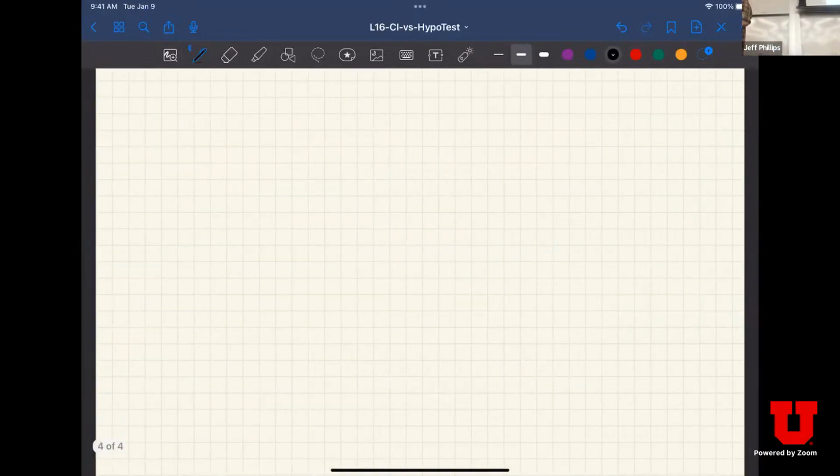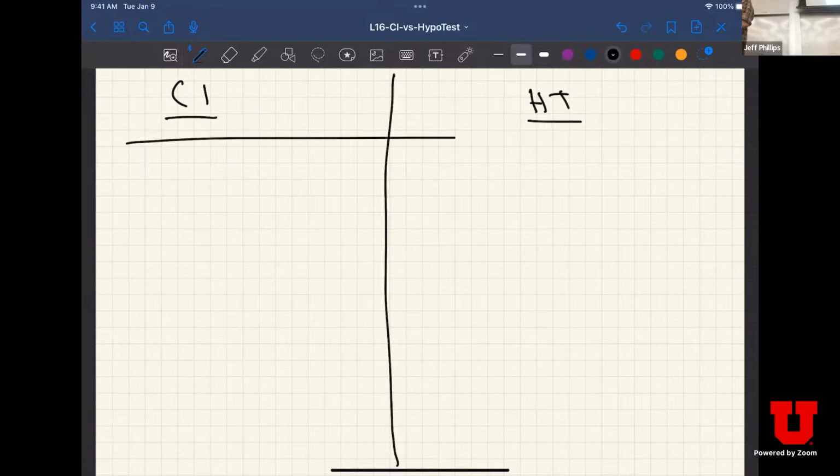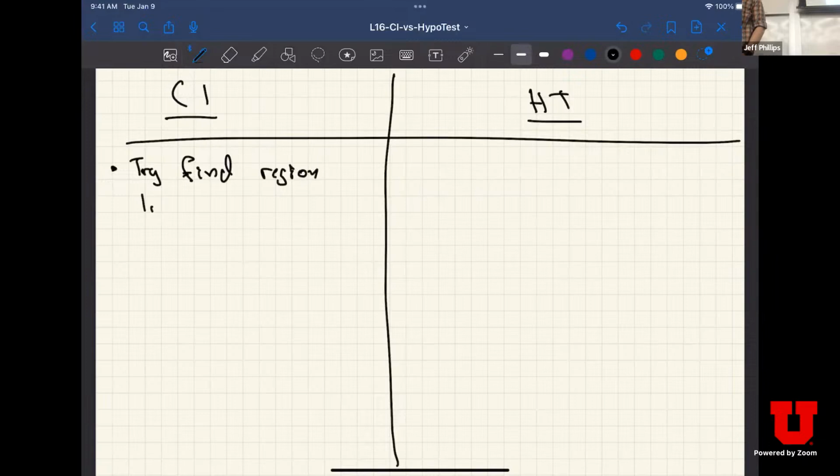Okay, so let me try and summarize this. A confidence interval and a hypothesis test. So you try to find a region likely to contain mu.